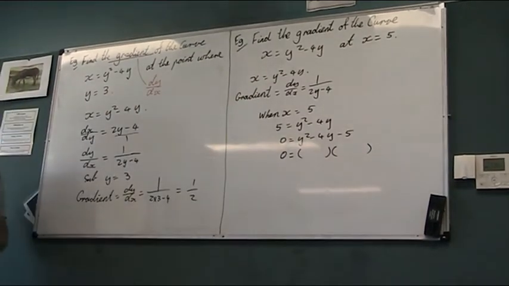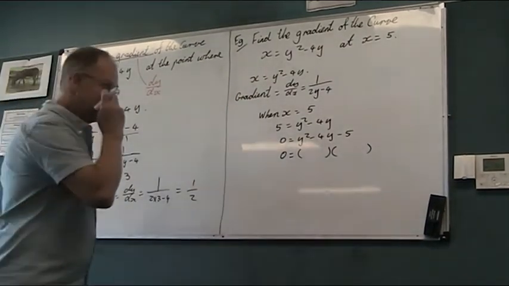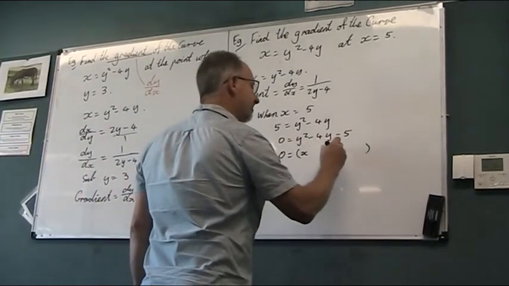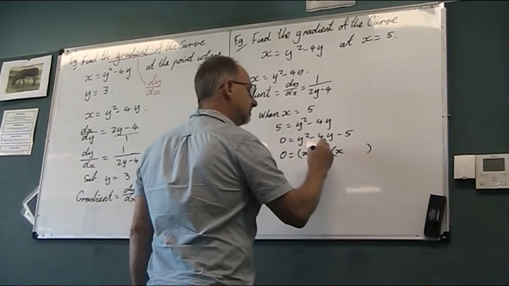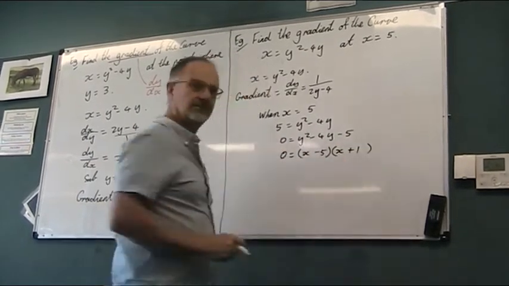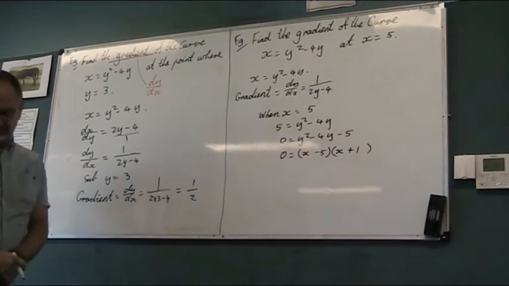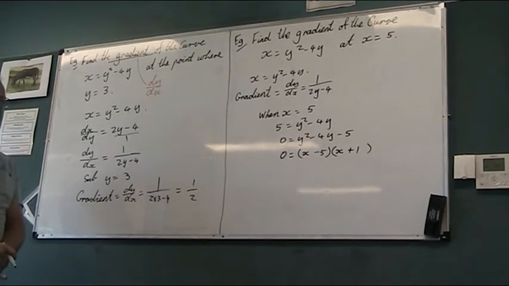Factorise, well done. And what are the factors? Two numbers multiplied to give us minus 5 and add to give us minus 4.